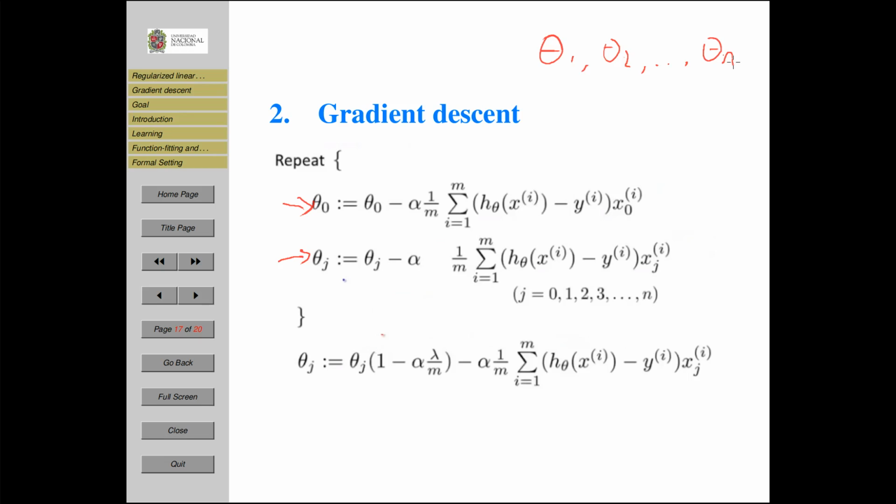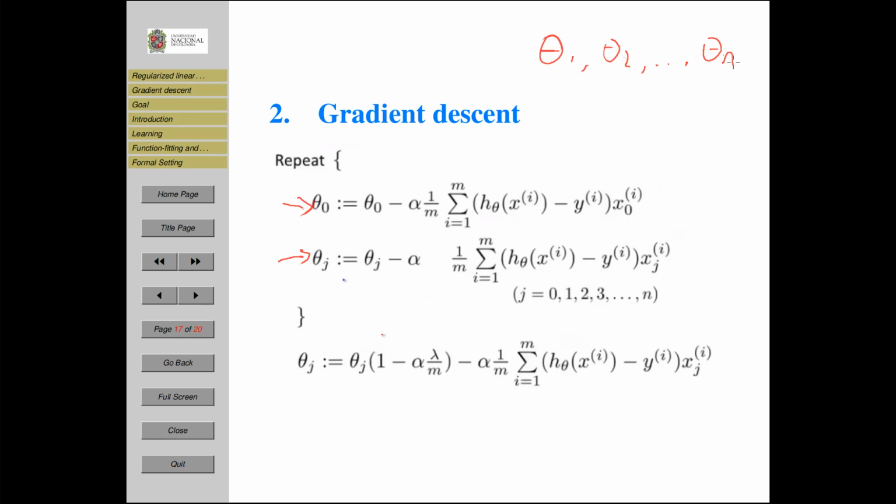So when we modify this algorithm for regularized linear regression, we are going to treat theta 0 differently from the rest of the theta j.